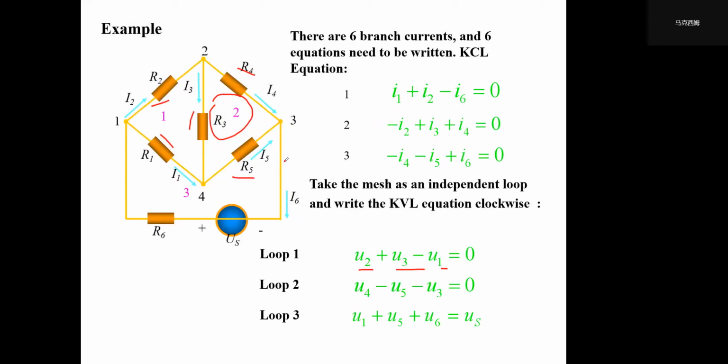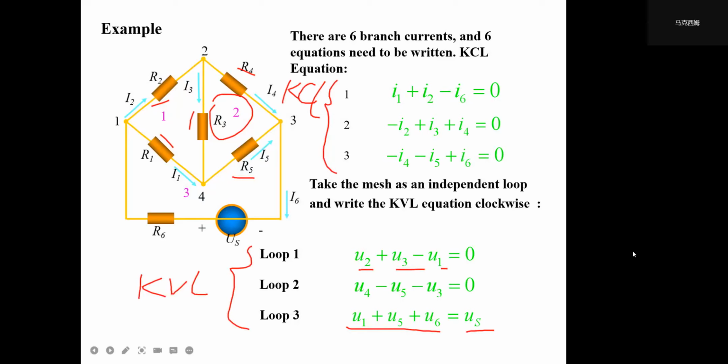Those three are consumers, and the consumers' voltage equals the producer's voltage. The producer's voltage is US. So now we have 3 KCL and 3 KVL equations, right? These are the KVL equations, and these are the KCL equations.